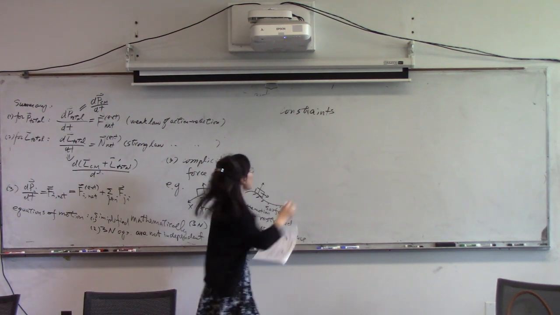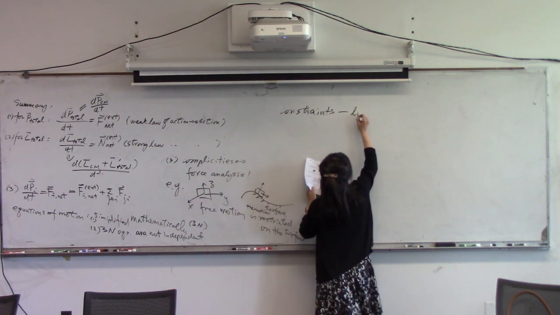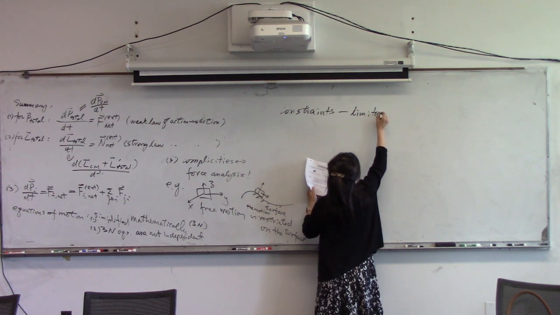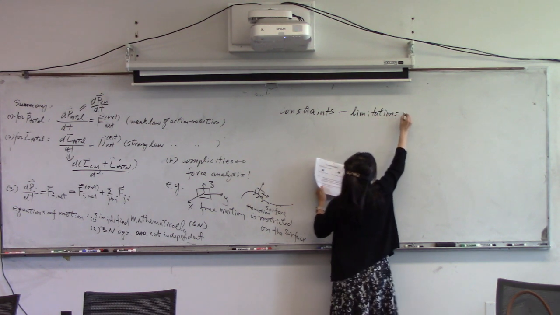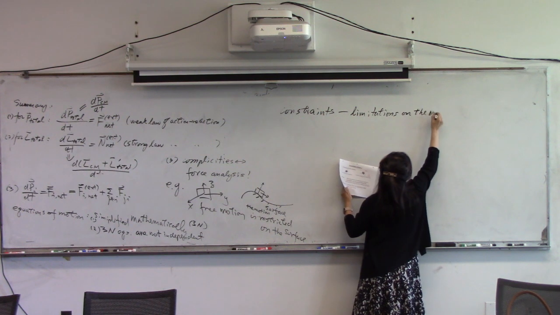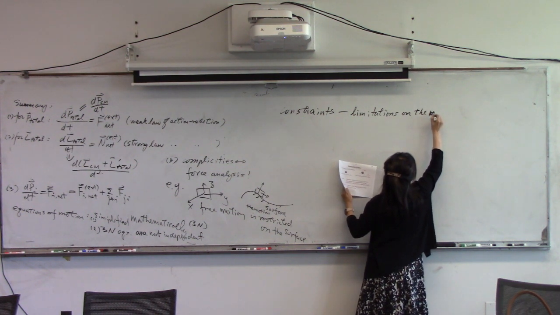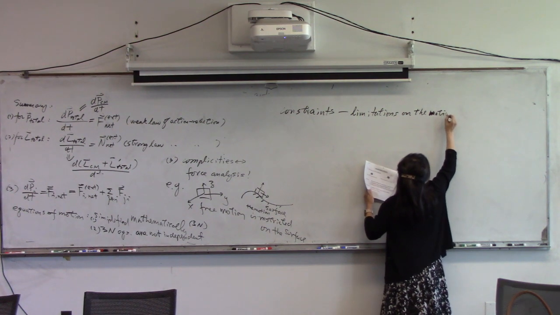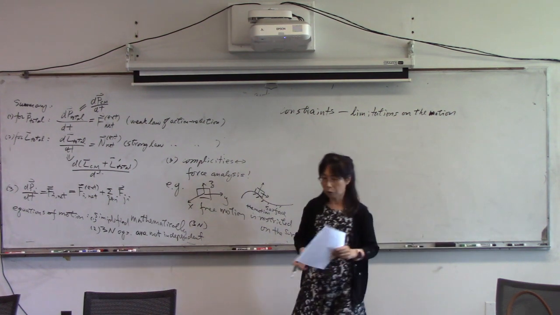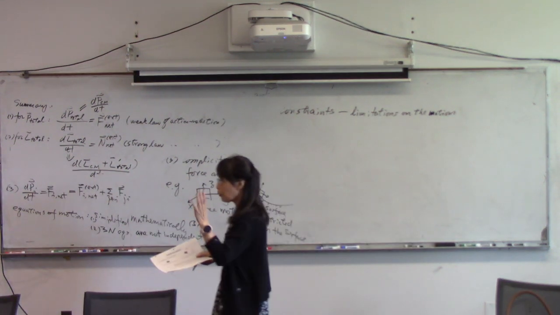What are constraints? All the limitations on the motion. If there is any limitation that restricts its motion, we call it a constraint.